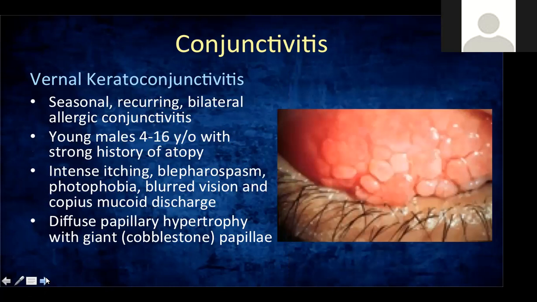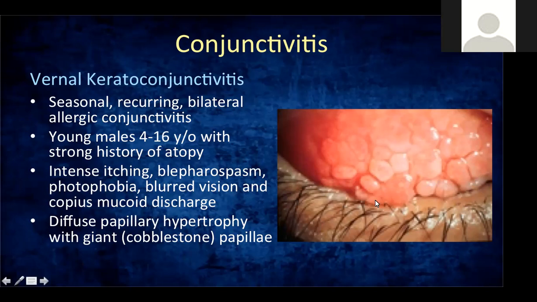recurring, it's typically bilateral. And the itching here is really intense. You may have blepharospasm. The patient may be photophobic. They may complain of blurred vision and some mucoid discharge. If you note here in the photo, these are actually giant papillae.